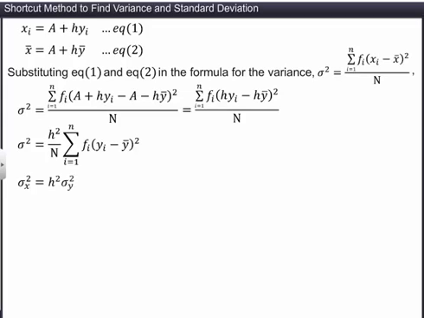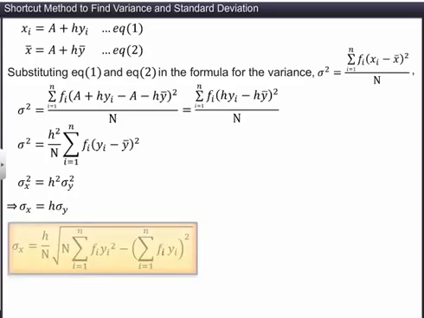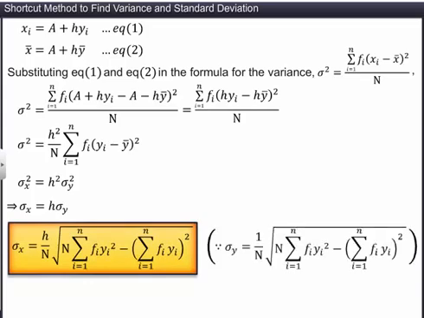On taking square root on both the sides, we get sigma x equal to h multiplied by sigma y. Sigma y can also be written as shown here. This is the formula for the standard deviation in terms of variable yi.